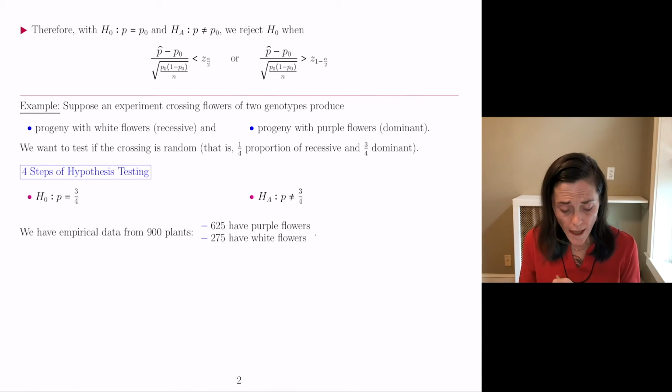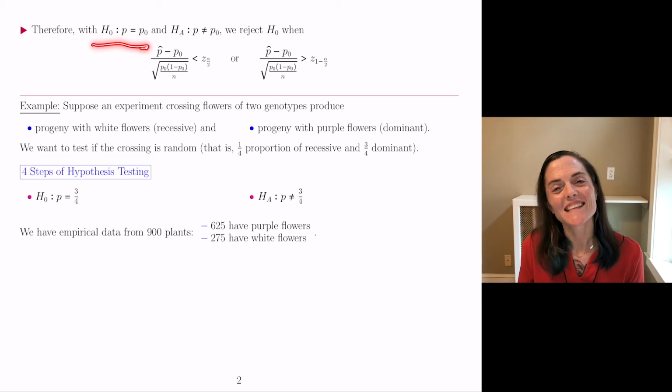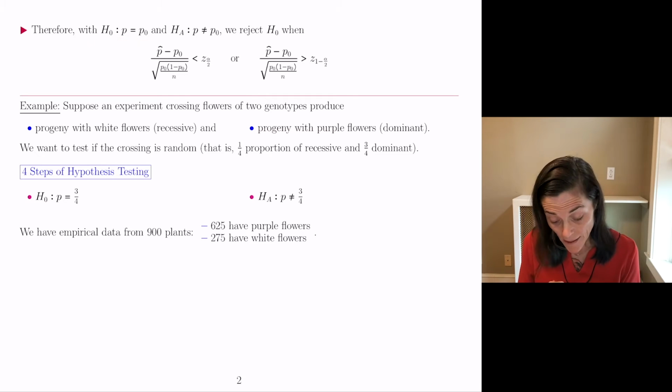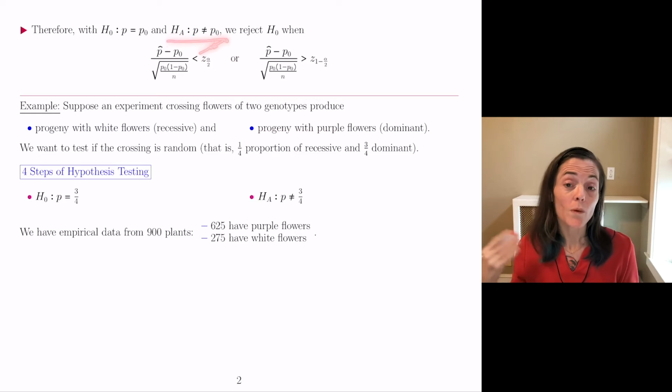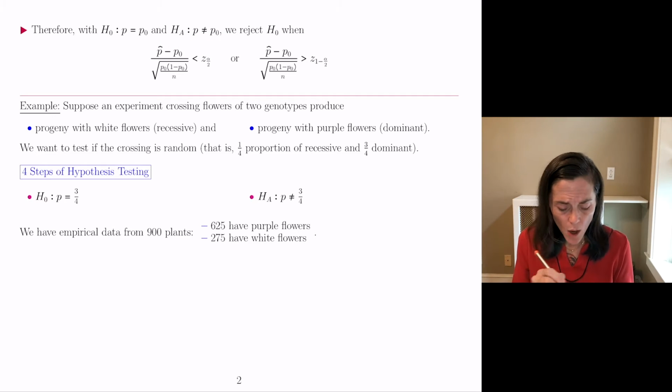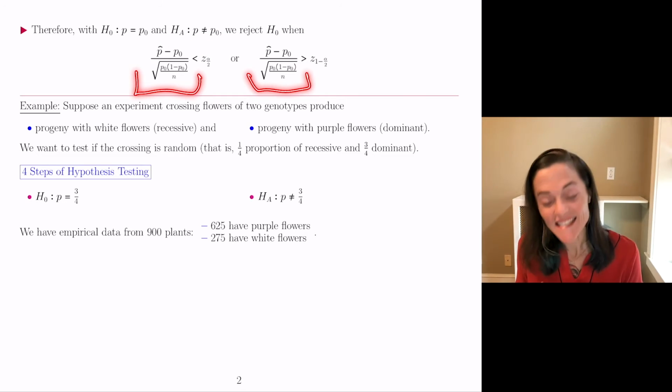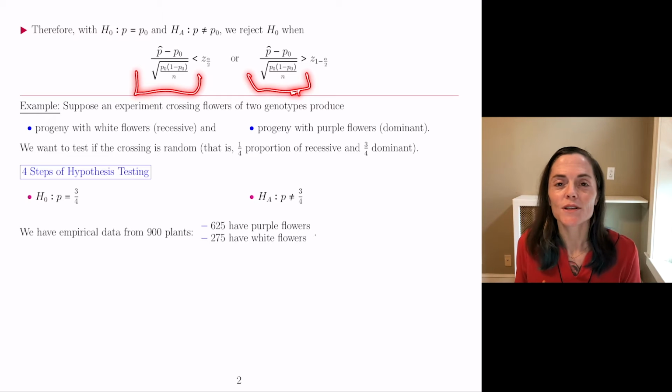Therefore, with the null hypothesis p equals p0, and alternative hypothesis p not equal to p0, we will reject the null provided this z statistic is either less than the alpha over 2 quantile or greater than the 1 minus alpha over 2 quantile.